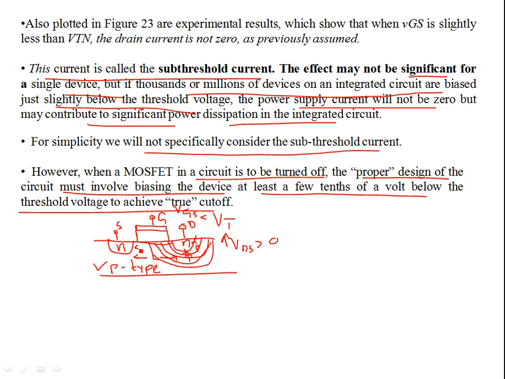So the energy barrier which is required for an electron to conduct from source to drain decreases. You don't require much energy for the carrier to go from source to drain. So even at ordinary room temperature, there could be enough energy in the mobile carriers. This barrier can be overcome, and there could be a small leakage current.